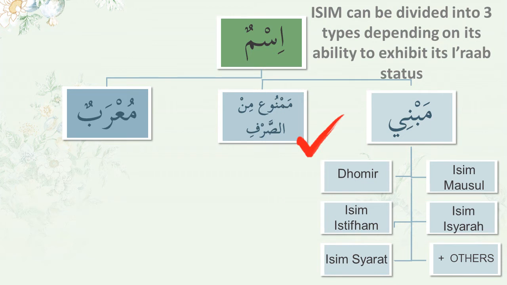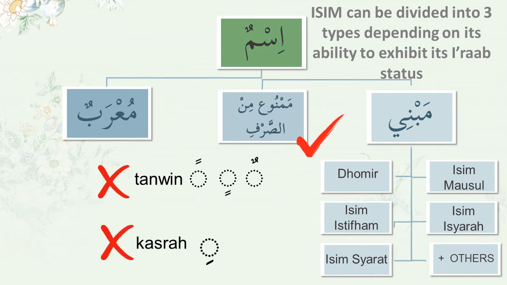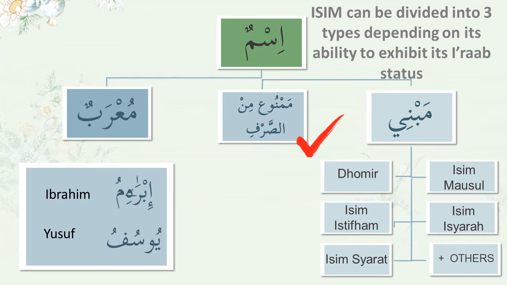Mamnu min al-sarf are isim which cannot end with tanwin nor with kasrah. Some examples of mamnu min al-sarf are as follows. Non-Arabic proper names longer than 3 letters such as Ibrahim and Yusuf.